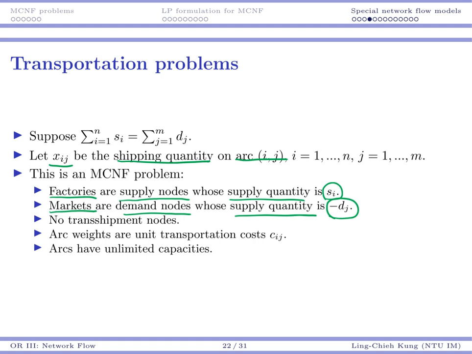So the supply quantity at demand nodes are the negative demand quantities, to fit the formulation of MCNF. Compared to MCNF, in our transportation problem there are no transshipment nodes. Each node is either a factory or a market. Arc weights are considered as unit transportation costs, and there is no capacity constraint. You may also say that those U_ij are all unlimited. So this is a transportation problem considered as an MCNF.